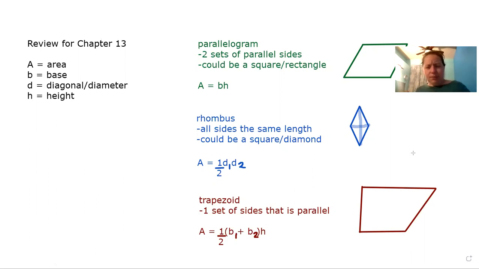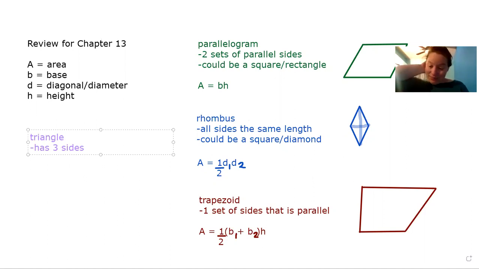The last one that we have is not one of our quadrilaterals. It is our triangle. A triangle has three sides.